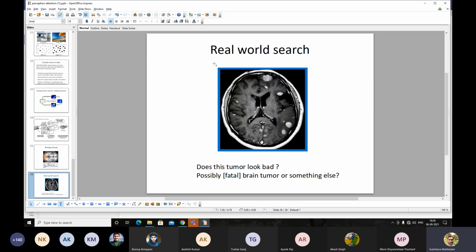So which means that we now have a pretty good understanding of search to be able to not just study humans, but also develop computational models, and also study doctors in action, maybe using eye trackers to see where the doctors are really attending to when they're making these judgments, and also build computer programs that are able to do the same task and say whether the tumor is good or bad. So that shows how psychology is integrated now with neurological apparatus and also with computer science and computational work.